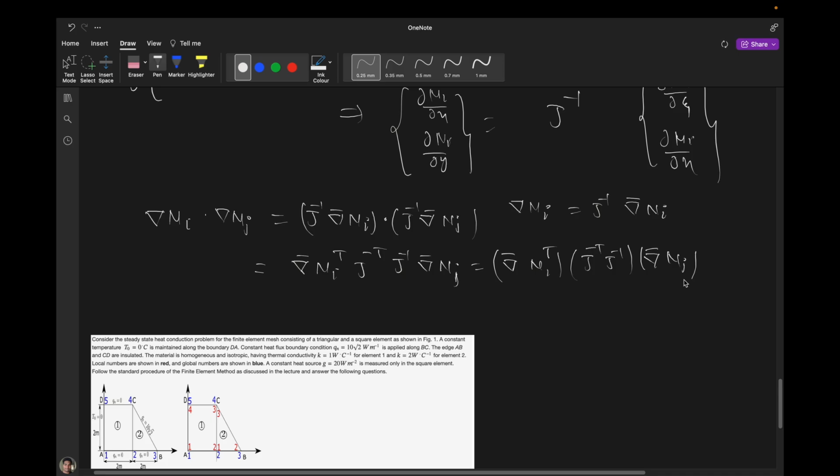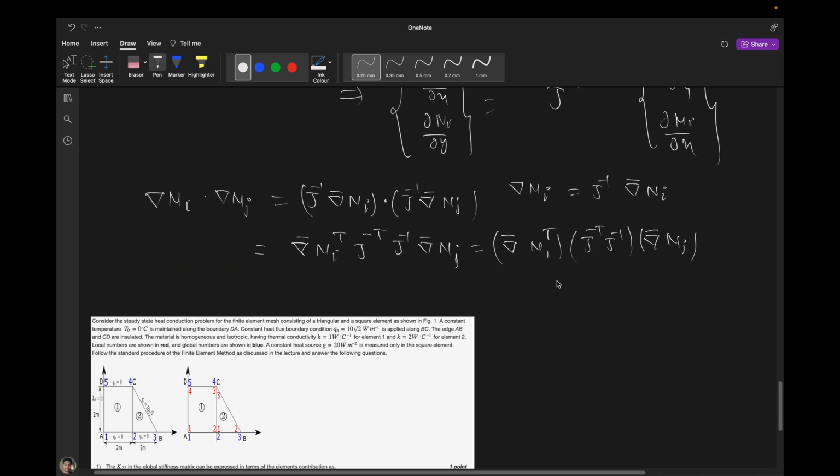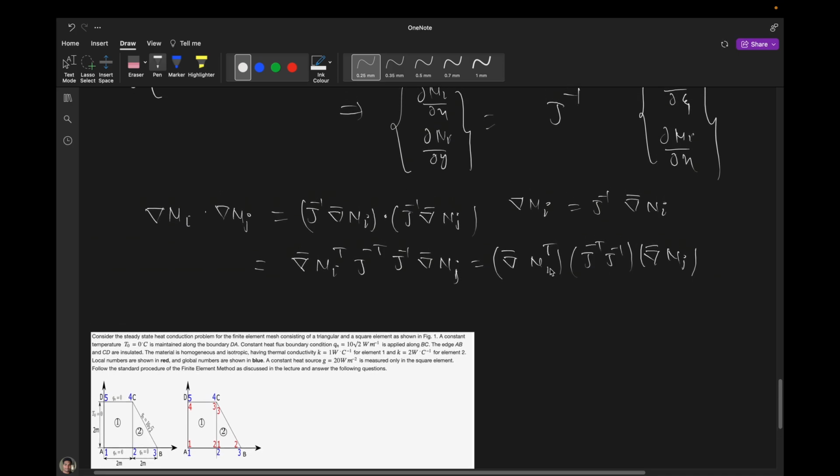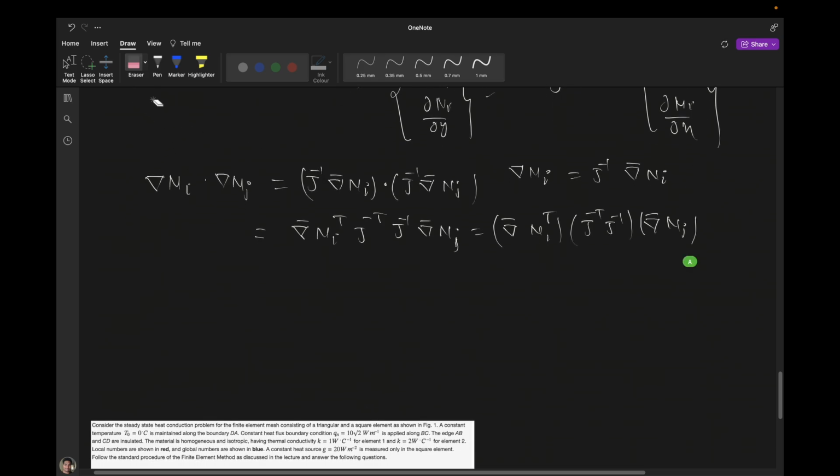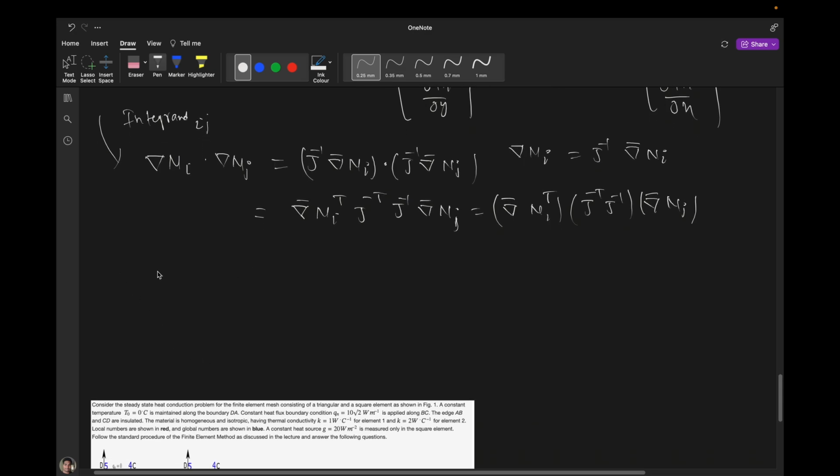Okay. So this is the matrix which we have to write. And this is the K_ij; if I want to integrate, this is the integrand of index ij.